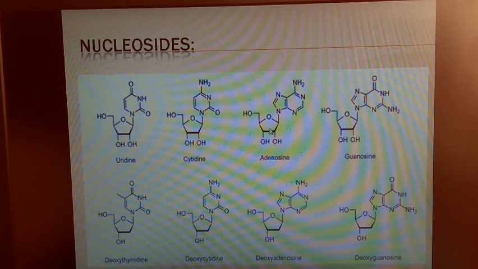So if it is only adenosine, then the sugar moiety is ribose and the base is adenine. If it is deoxyadenosine, then the sugar moiety is deoxyribose and the base present is adenine. I hope it is clear. So that is how, with the name of a nucleoside itself, we can identify which base is present and which sugar moiety is present. I hope it is clear.